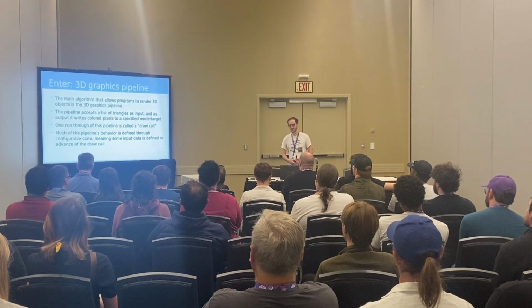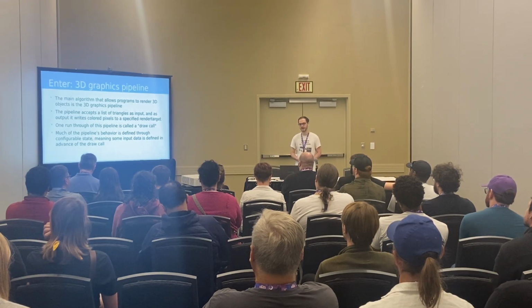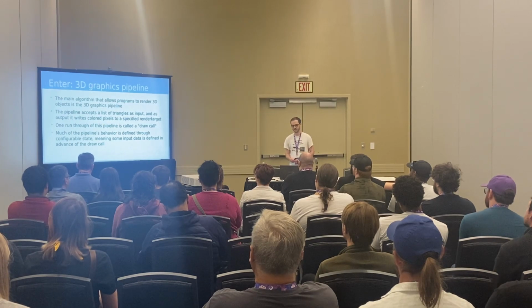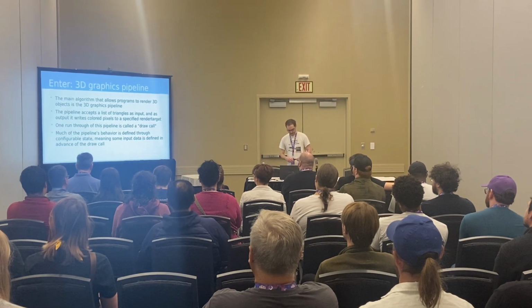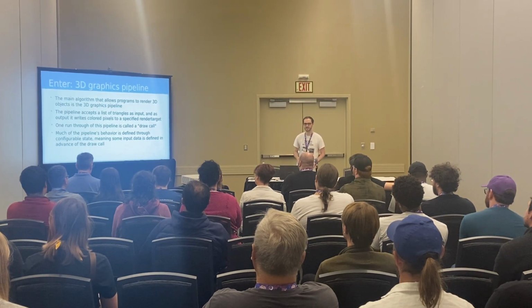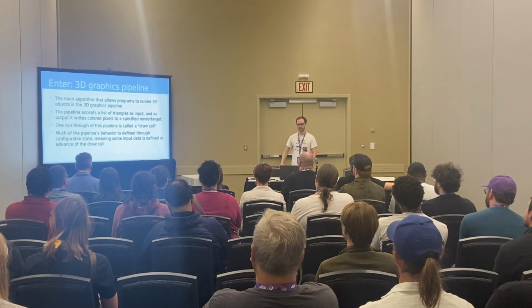This pipeline is executed once for every object that you want to draw. We typically call one run-through of the graphics pipeline a draw call, which will be important later in the slides. And then I also just want to note that I'm giving the simplified model of you just put in triangles and it rasterizes your pixels, or it pops out colored pixels.